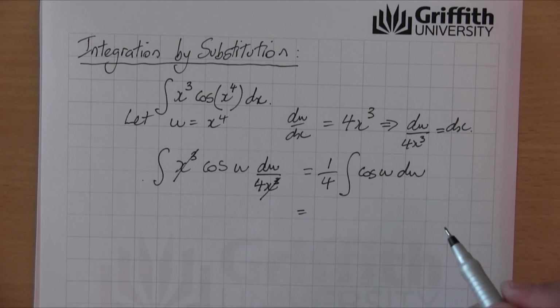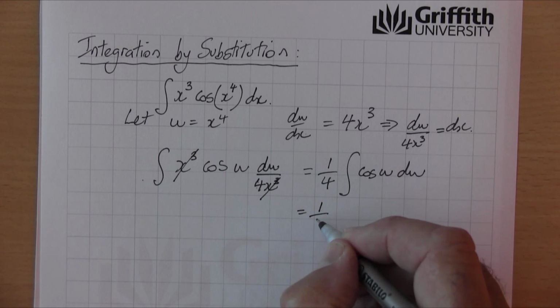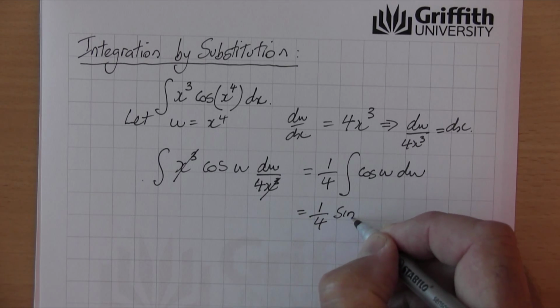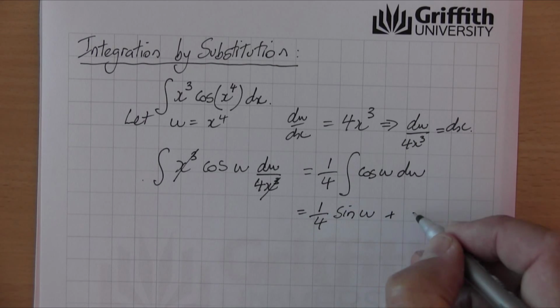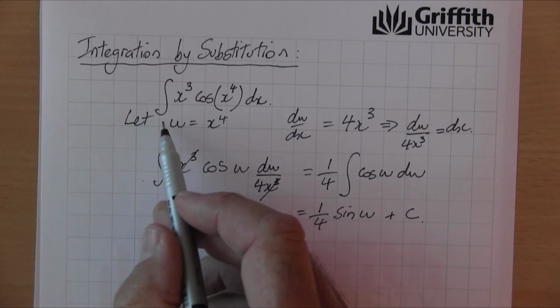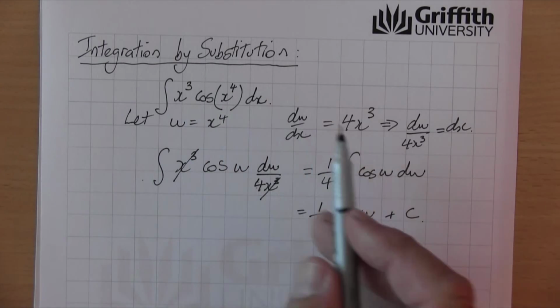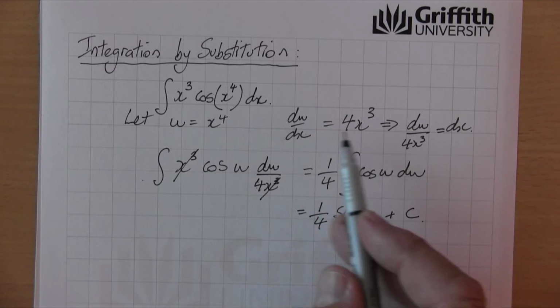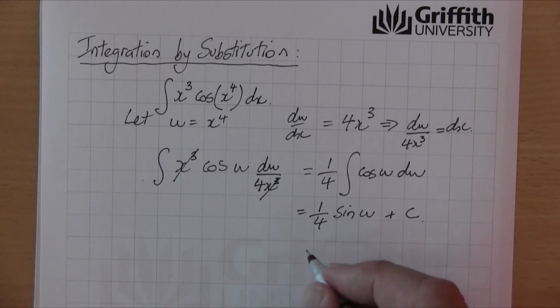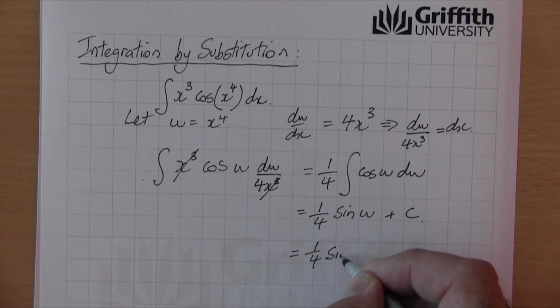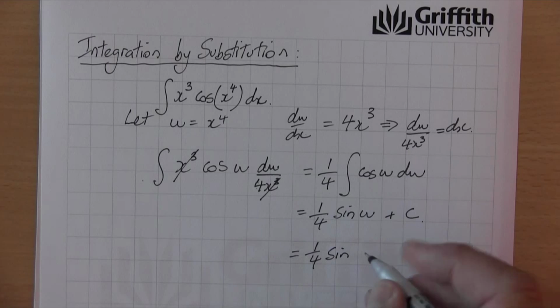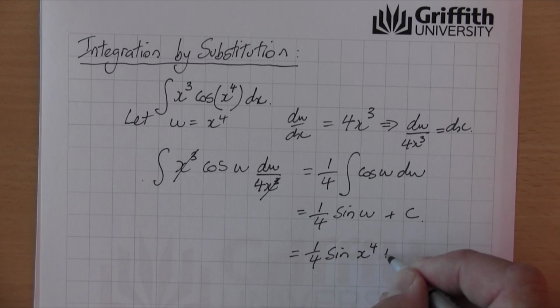The integral of cos is sine, so it's 1/4 sine of u. And don't forget, when you integrate, we've got a plus c as well. Now my original question didn't have any u's in it, so we've got to do a back substitution. We said u is equal to x to the fourth. So this will be 1/4 sine, instead of that u, we'll go x to the fourth plus c.